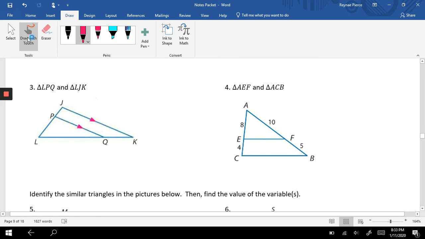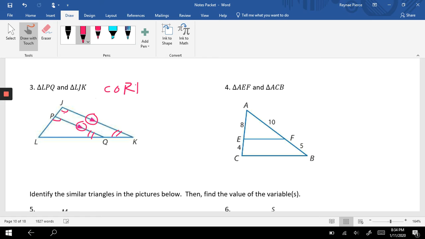Okay, example 3, I see these symbols here on these 2 line segments means that they are parallel. Okay, parallel lines, I want you to think about corresponding angles. Okay, so angles that are in the same corner of those 2 different intersections.